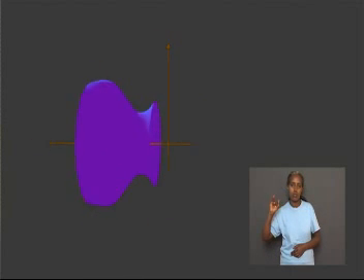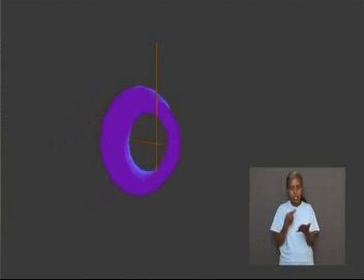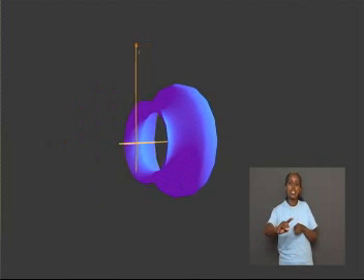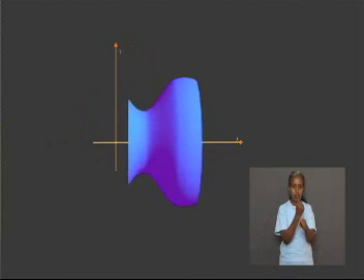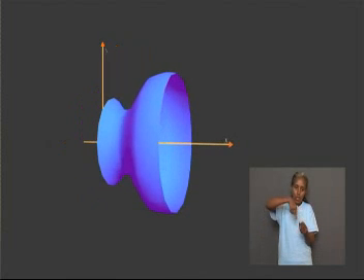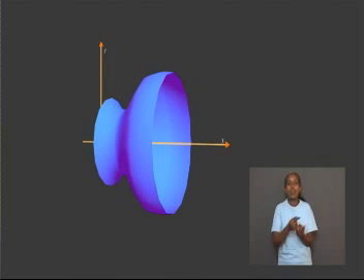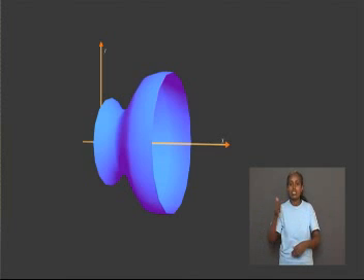In general, it is a three-dimensional object that is formed by rotating an area around a straight line called the axis of symmetry.